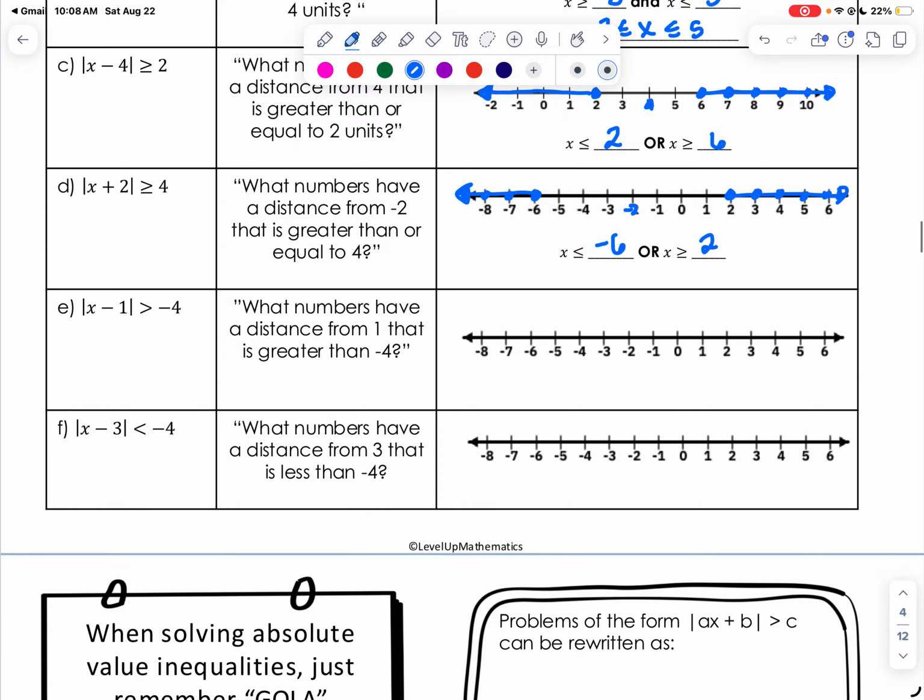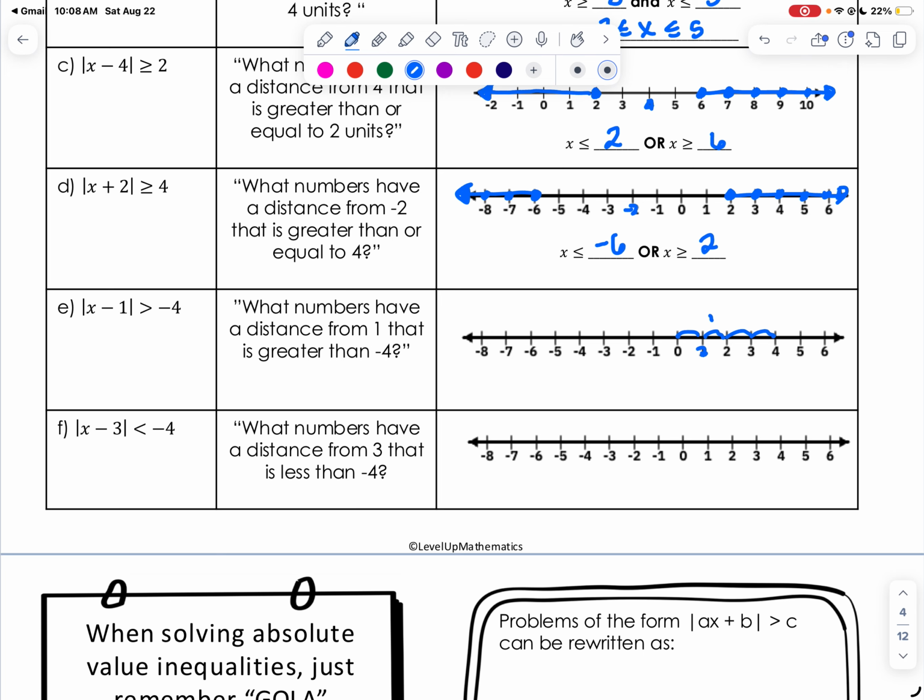All right. E. The absolute value of X minus 1 is greater than negative 4. What numbers have a distance from 1 that is greater than negative 4? So here's 1. Let's say we had the number 2. That's 1 unit away, which is greater than negative 4. 3 would be greater than negative 4.